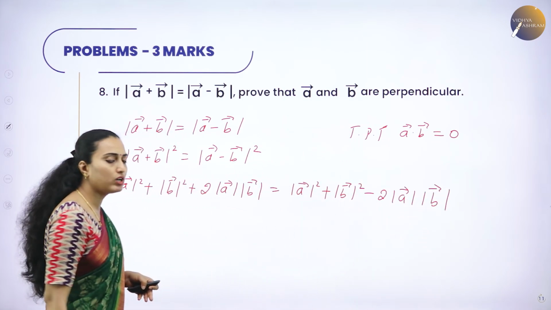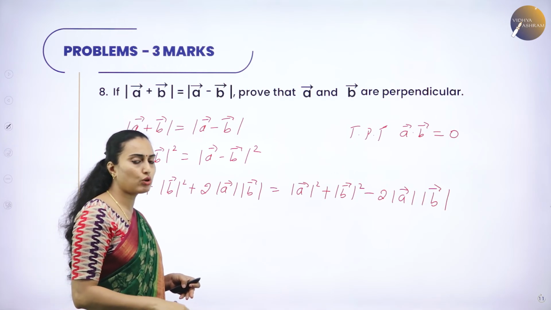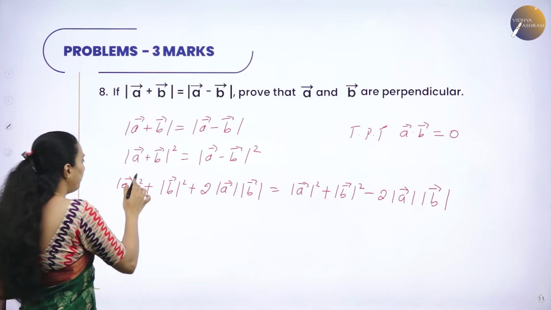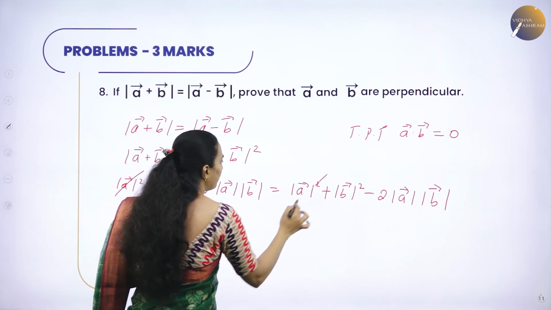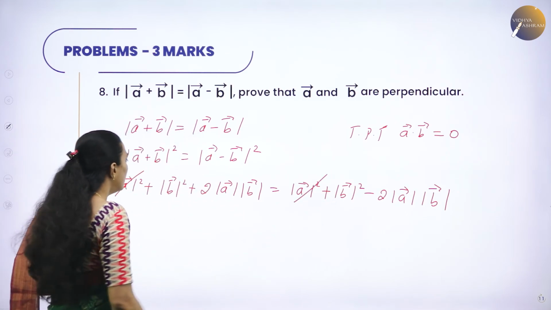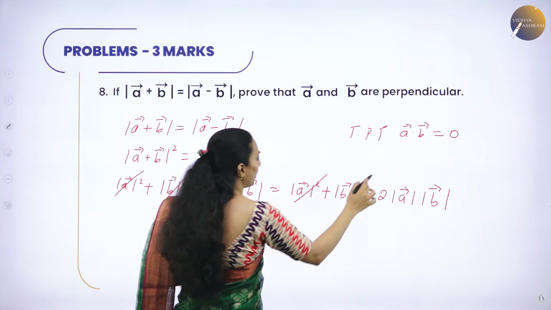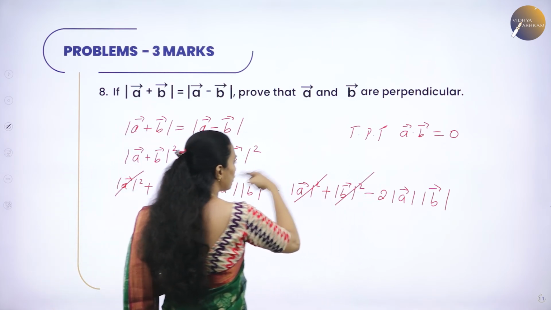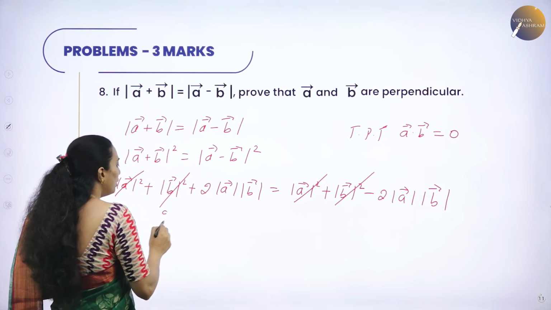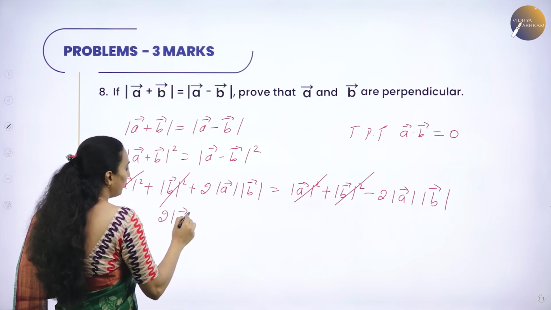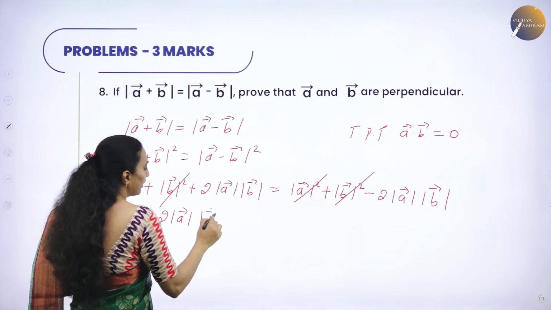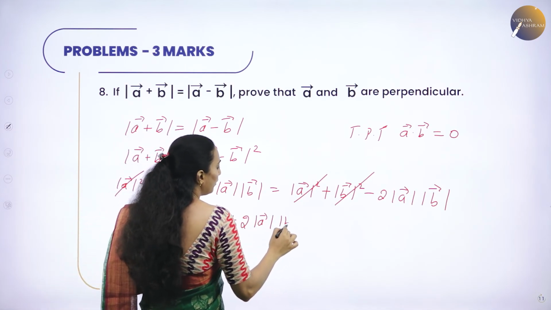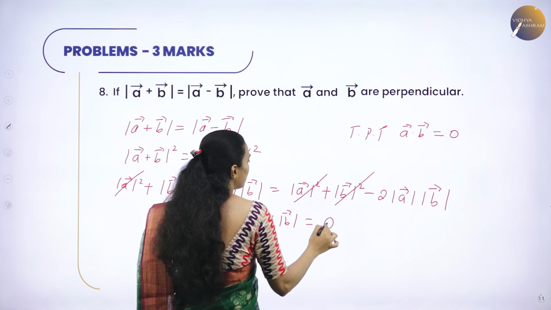You know already the same signs on each side of the equal symbol will get cancelled. Plus magnitude A squared and plus magnitude A squared will go. Similarly plus magnitude B squared and plus magnitude B squared will go. Let us take this minus 2 to this side, which will become plus 2. 2 times magnitude of A into magnitude of B plus 2 times magnitude of A into magnitude of B is equal to 0.